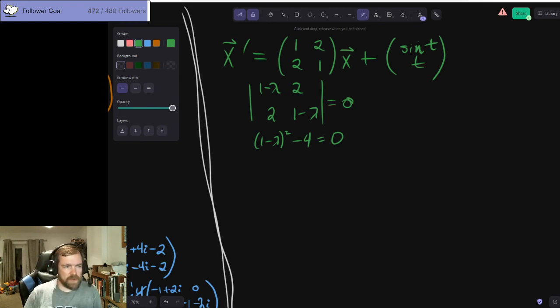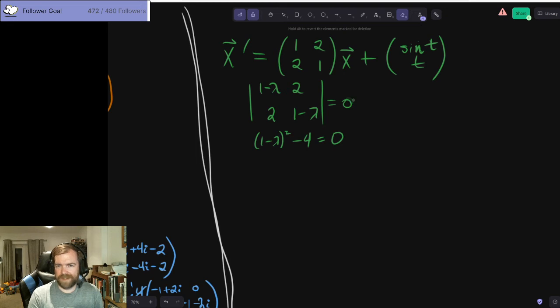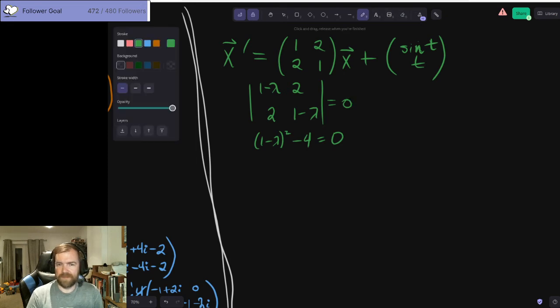Alright, how'd you like to solve the characteristic equation? I'm doing it in my head. That might be my famous last words. But you're going to have 1 plus or minus 2. So what, 3 and negative 1 are your eigenvalues?